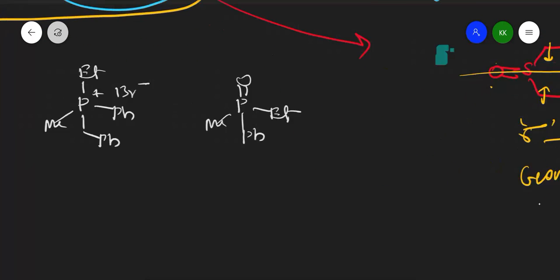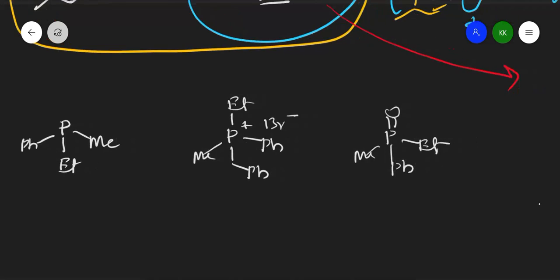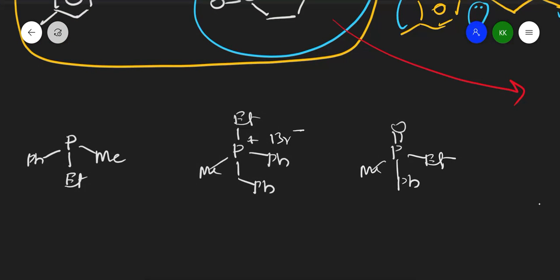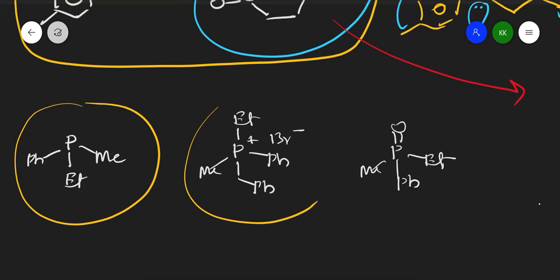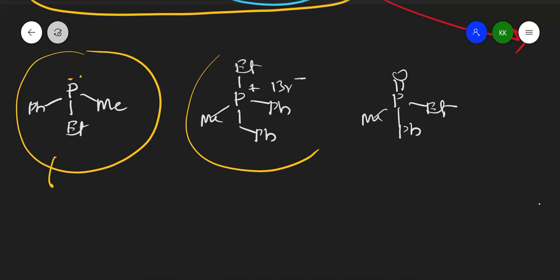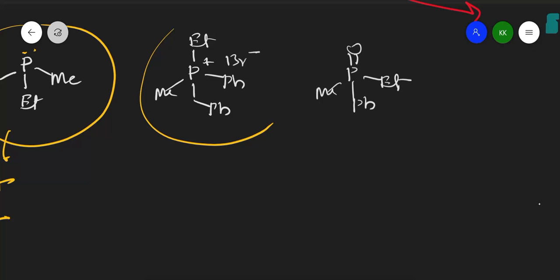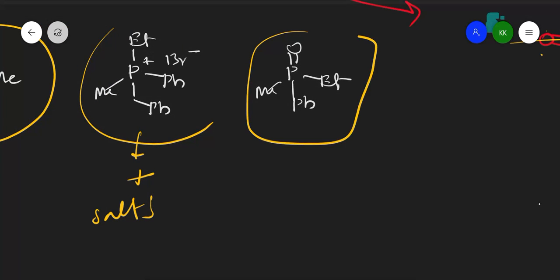And also they will give these compounds as I have written here, phosphorus. They will give these three compounds and ask you to tell the stereochemistry of such compounds, right? These things also I have explained. Since substituents are different, it is optically active, so it will show either plus or minus, right? It is called a phosphonium salt, and this is nothing but a phosphine oxide.